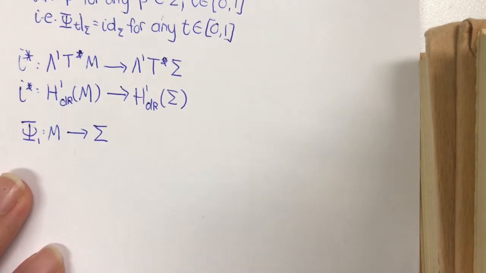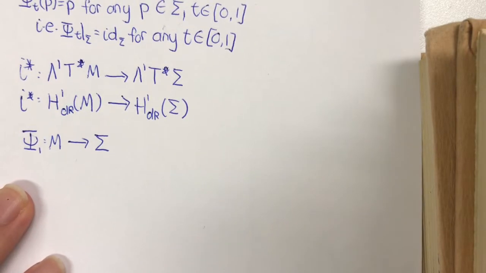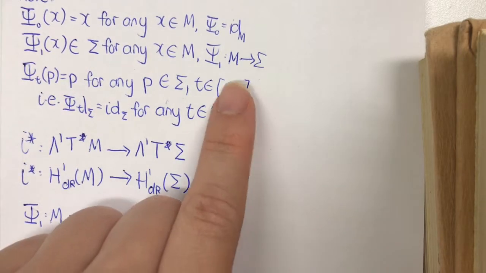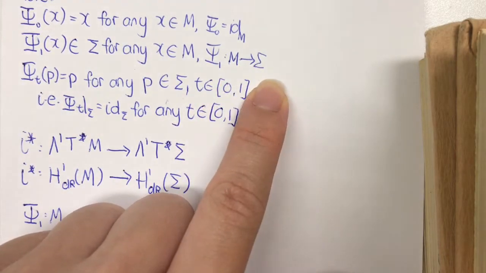And from the above condition, we can see that psi 1 is actually a map from M to sigma.